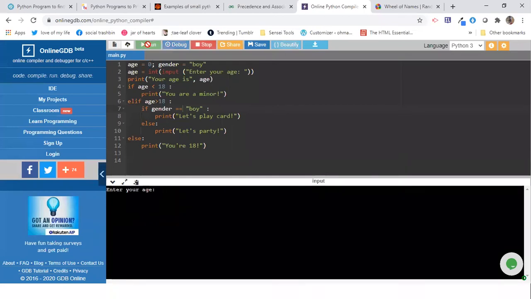If it's 12, minor. Okay? What if the initial value is girl, run, tapos 19. Ano dapat ang output? Let's party. Okay? So, yun yung error kanina.